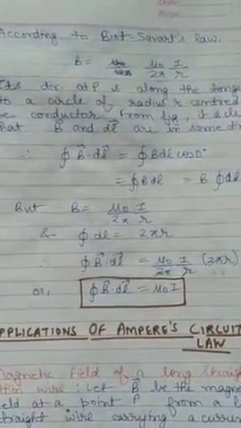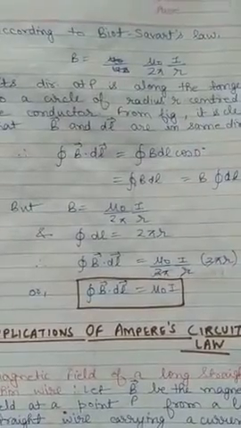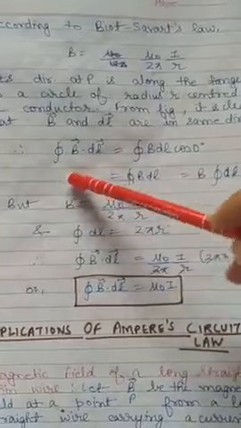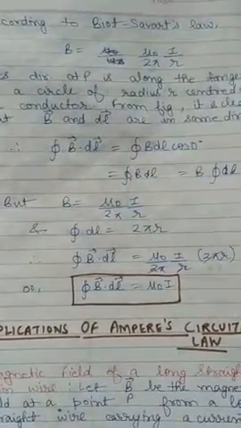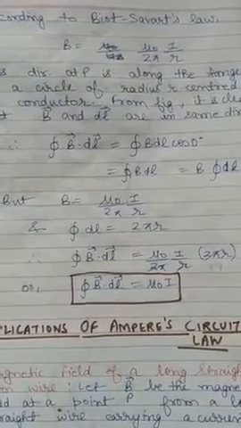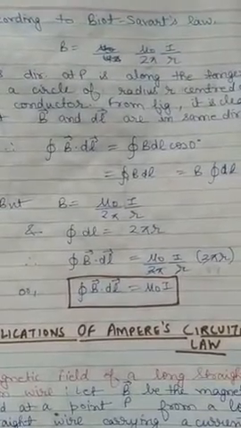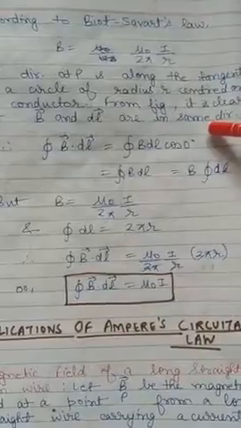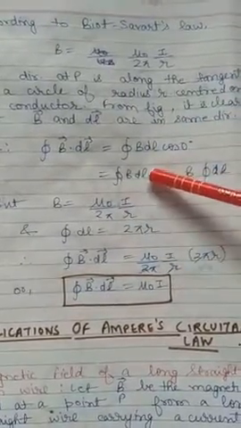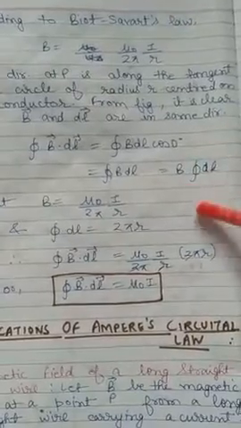Now from the figure, B and dl will be in the same direction, so the line integral of B dot dl will be B dl cos theta. This is a dot product of B and dl. Since B and dl are in the same direction, theta will be 0 degrees.